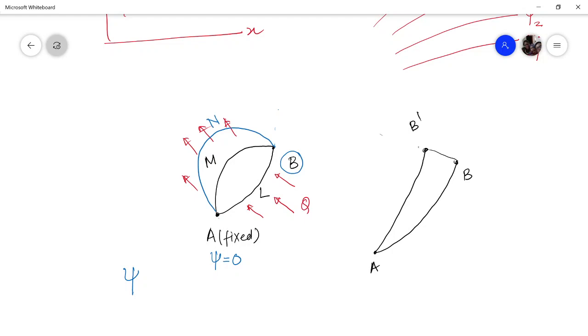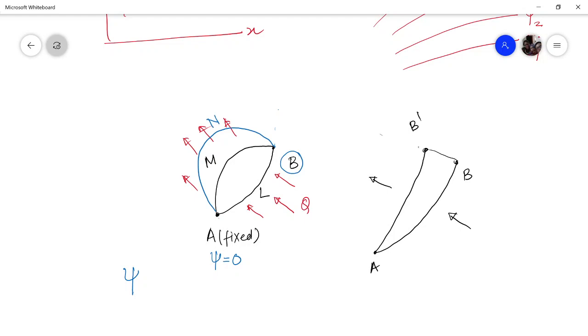Then whatsoever is coming from AB will be leaving from AB prime. As BB prime is a streamline, no fluid can cross the streamline because all the velocity will always be along the tangent direction to the streamline.